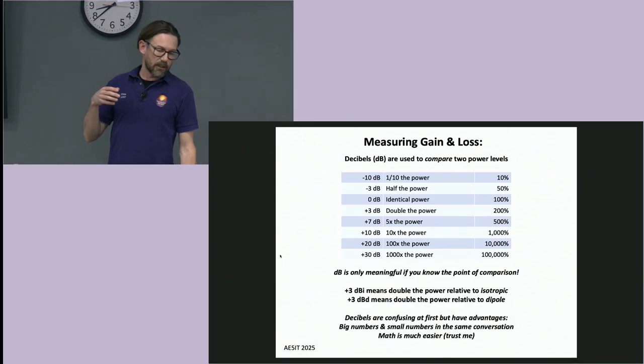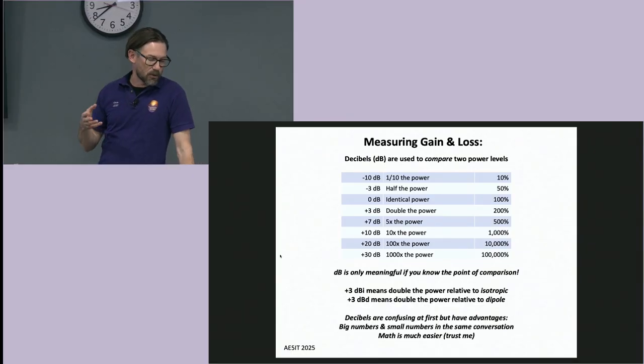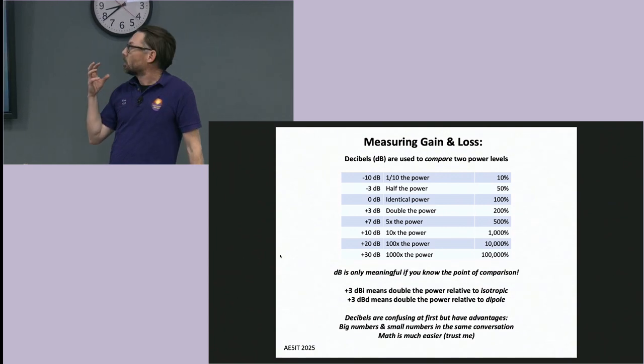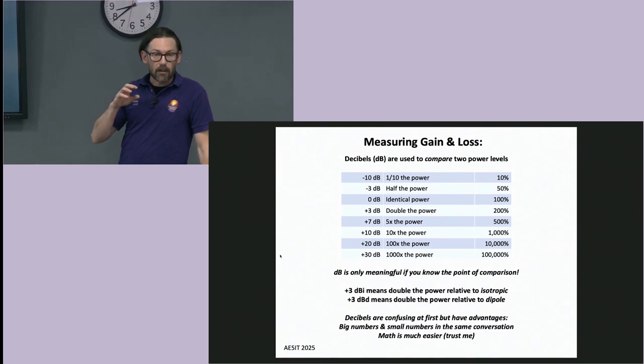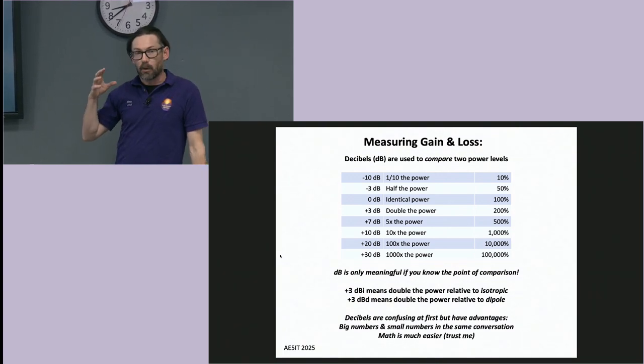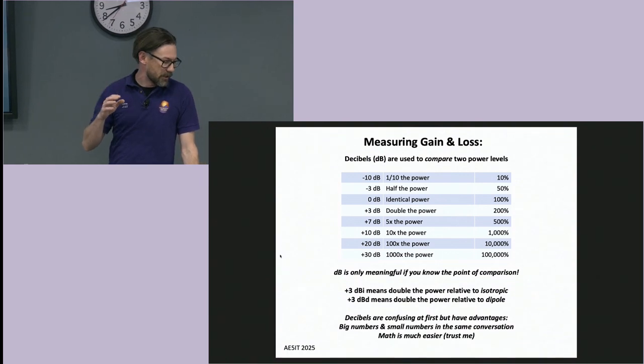And decibels are a logarithmic measurement. If you're not accustomed to that, it can take some getting used to, but working with decibels does make the math a lot easier. And if you're new to it, you may just have to trust me on that for a while. Spend some time with it. It makes a lot of your calculations and understanding what's happening so much easier.